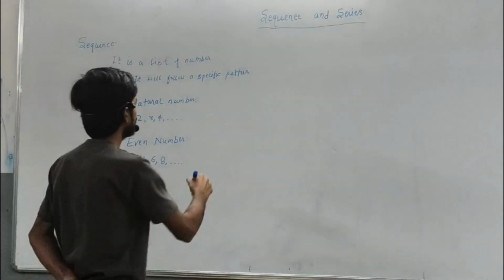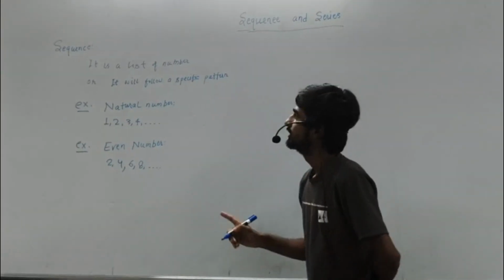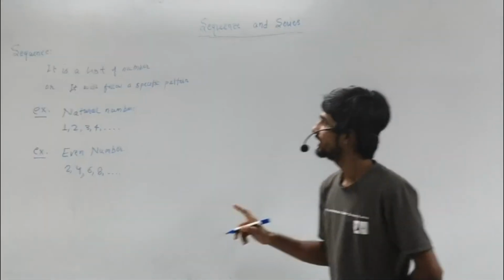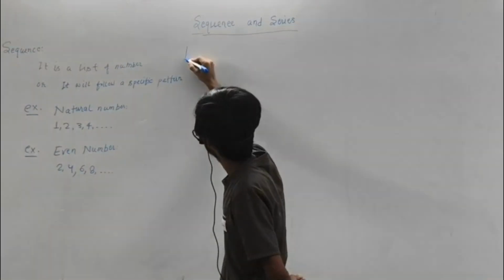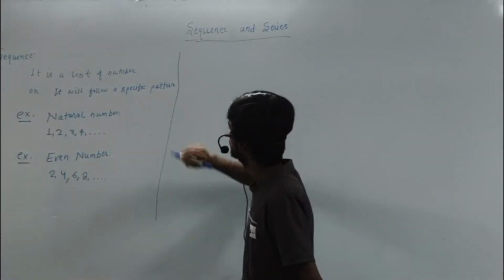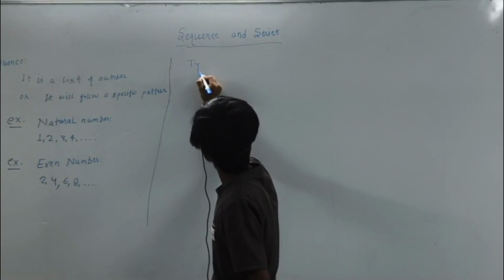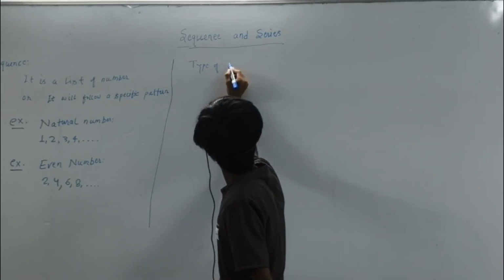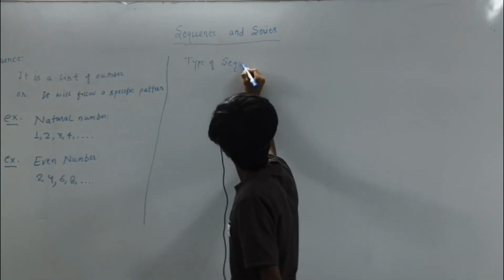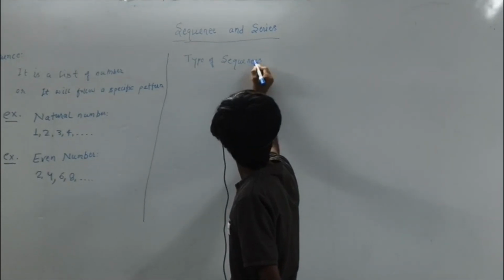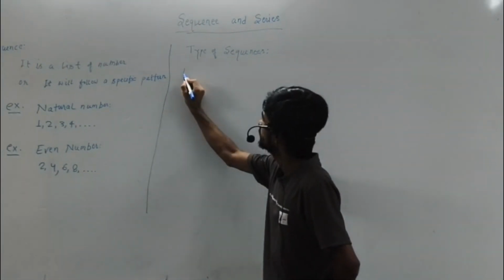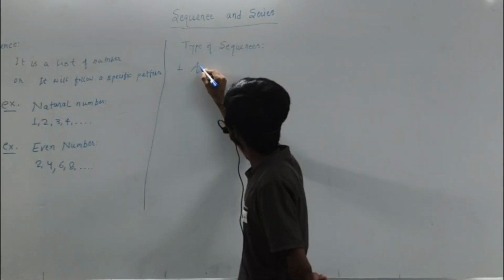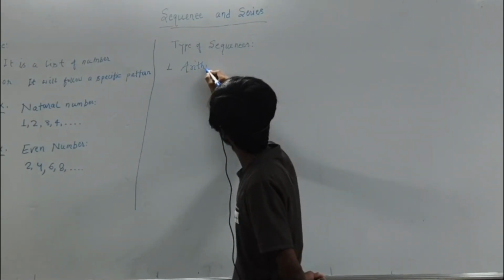Now, we have to learn how many types of sequences there are. Actually, in our syllabus, it is well defined. Types of sequences. First one, in our syllabus, is arithmetic sequence.